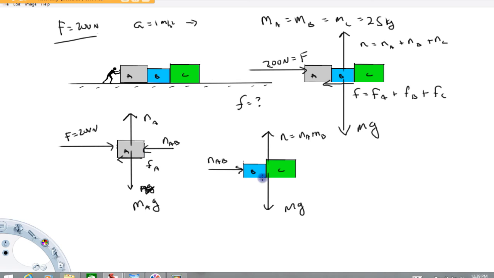And then we've got frictional forces acting along these surfaces. Those force vectors will be to the left. That's the friction acting on B and C together. If I actually relate it back here, it's the sum of these two. And I think that's it.